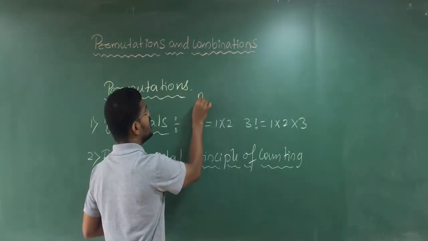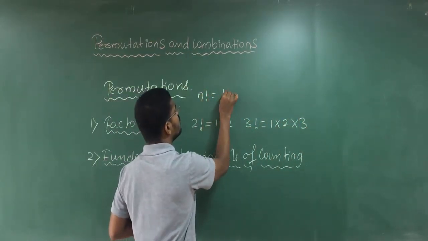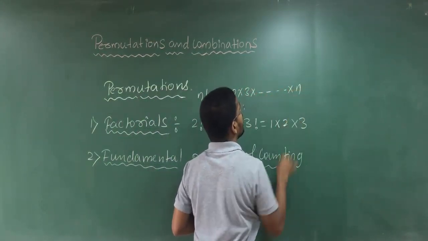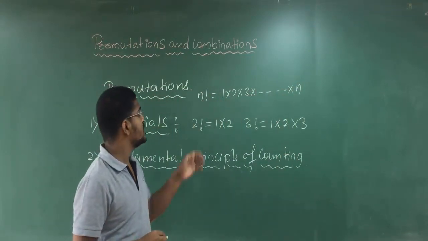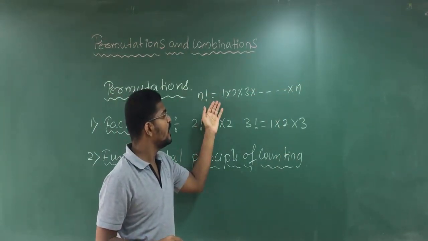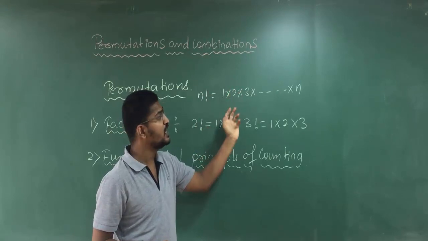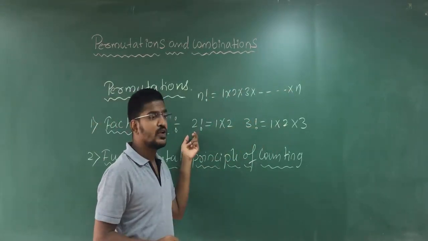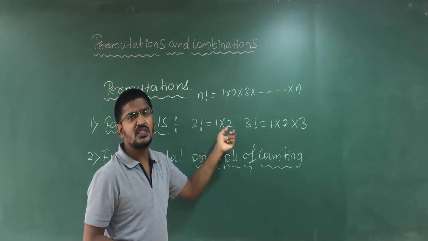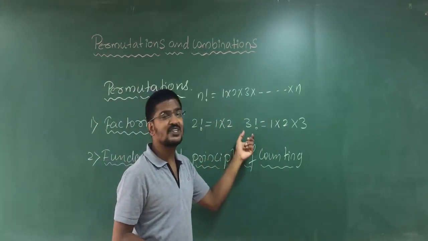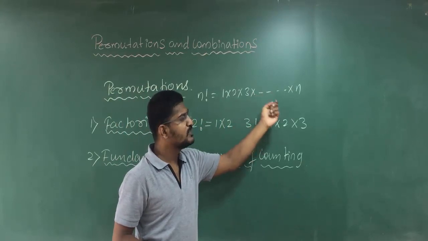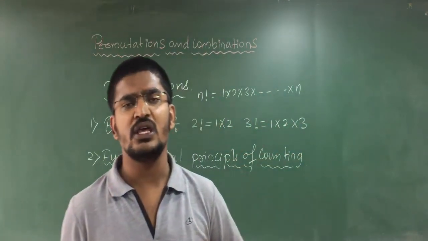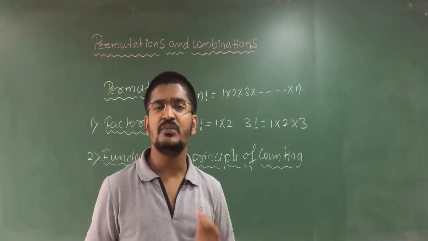If I write n factorial, it is nothing but 1 into 2 into 3 and so on to n. Clear students? So n factorial is 1 multiplied with 2 multiplied with 3 and so on up to n. 2 factorial means 1 multiplied with 2. 3 factorial means 1 multiplied with 2 multiplied with 3. This is what the factorial term tells.